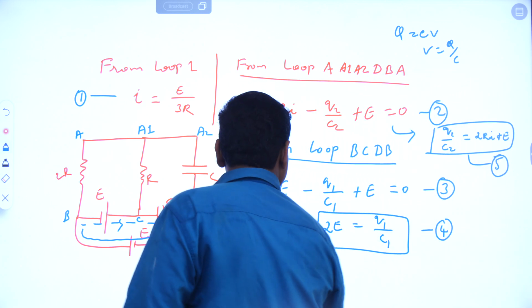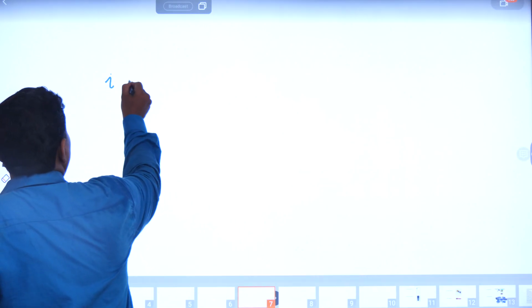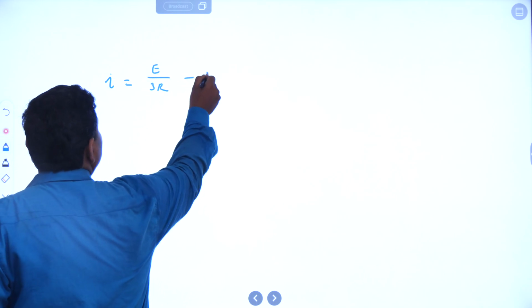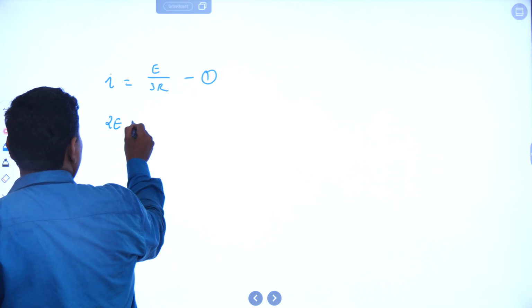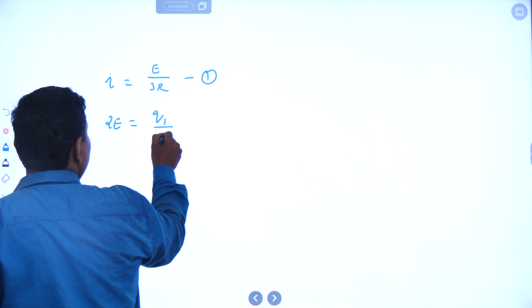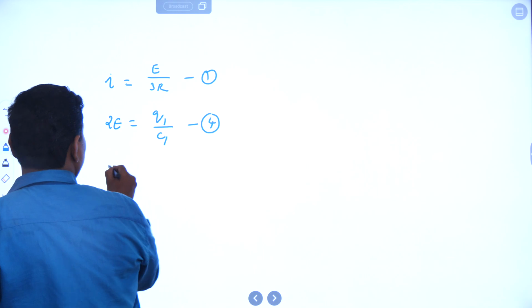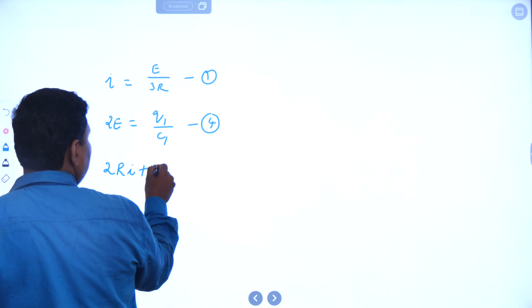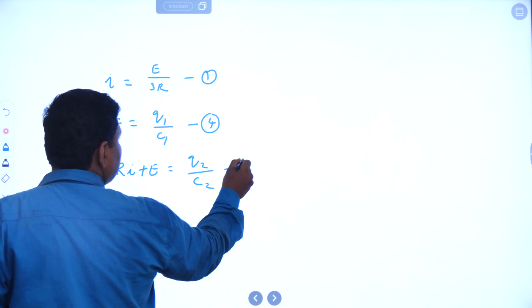So the very first equation, I is equal to E divided by 3R. This is equation number 1. Clear? Next, 2E equal to Q1 divided by C1. This is equation number 4. Clear? The next one is Q2 divided by C2 equal to 2Ri plus E. This is the fifth equation.